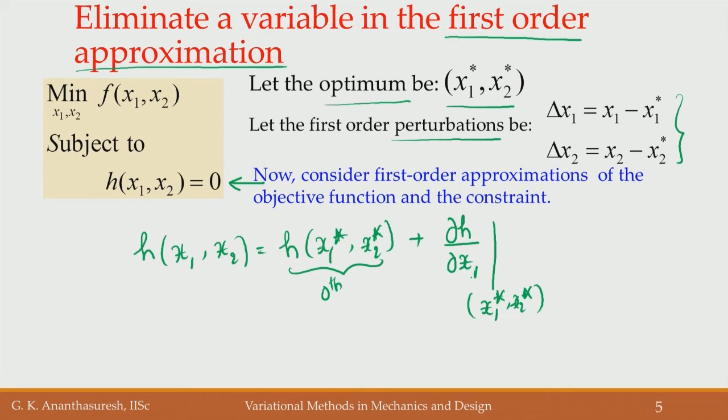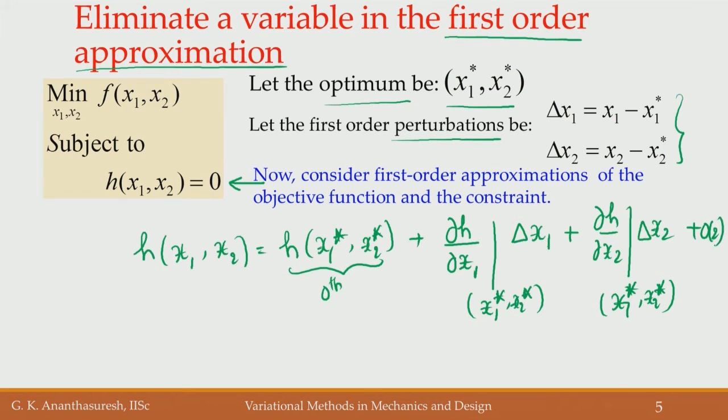We are taking the partial derivative with respect to x 1, but the resulting expression we have to evaluate at x 1 star x 2 star, because that is what we said is optimum, and then this will be multiplied by delta x 1, and dou h by dou x 2, again evaluated at x 1 star x 2 star, into delta x 2, and there will be order 2 and higher terms. Okay.